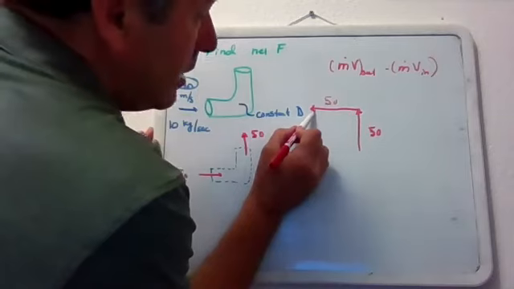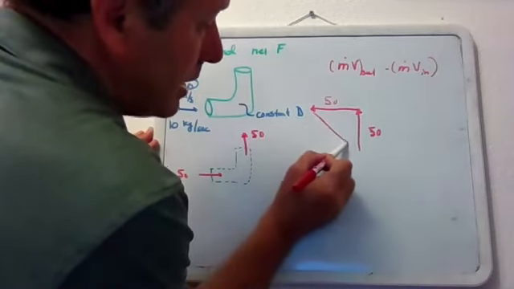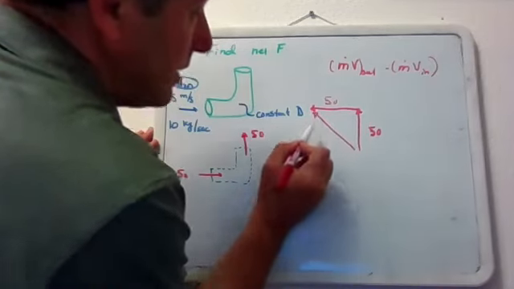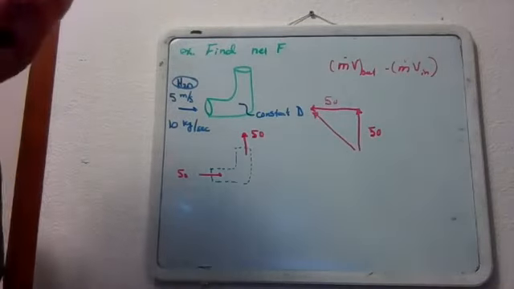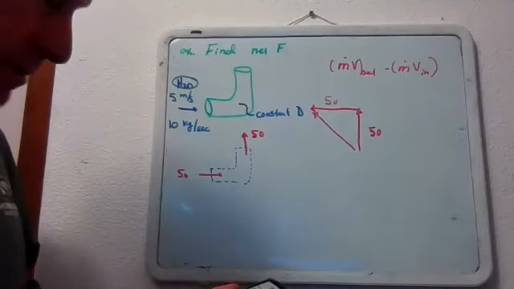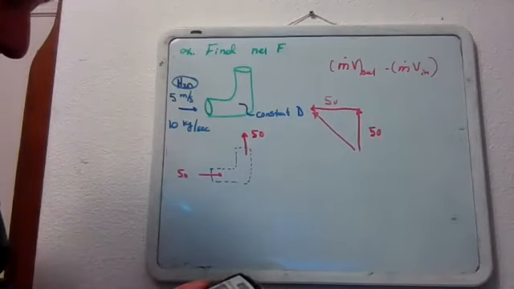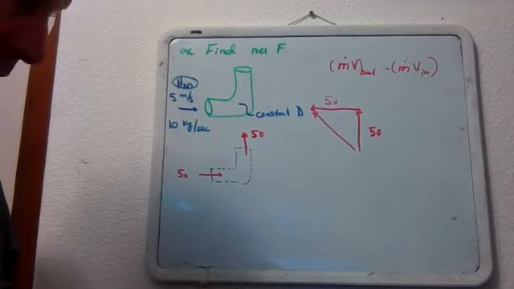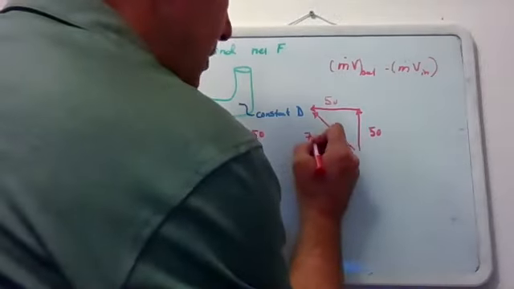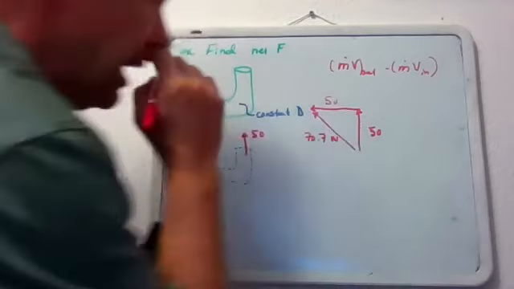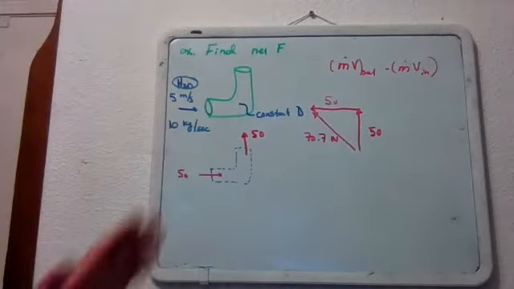If you add those, taking the sum of those two vectors, you get something like that. Going through the mathematics, that would just be the Pythagorean theorem, so 50 times the square root of 2. I get that this is 70.7 newtons, and there's a force that way, at that angle.